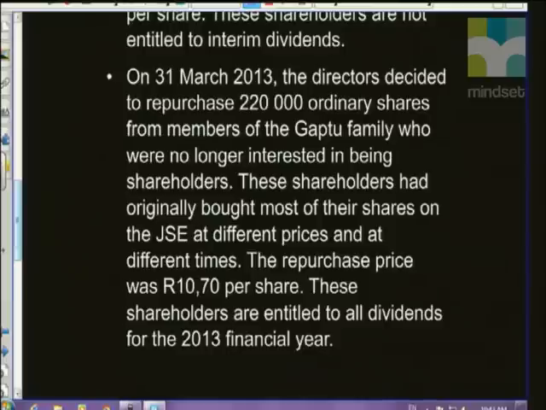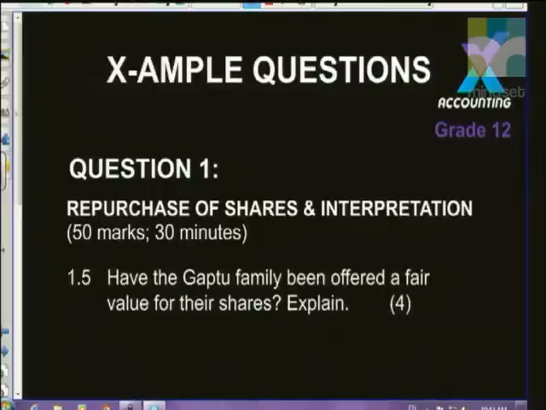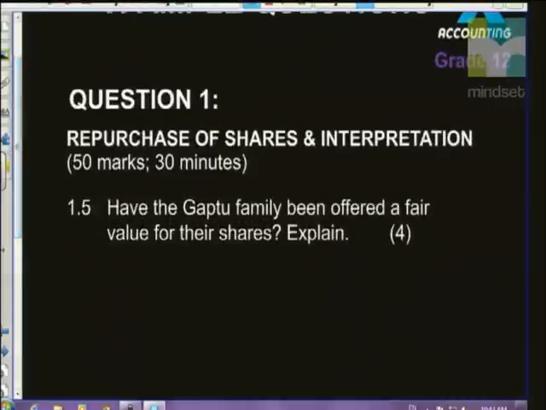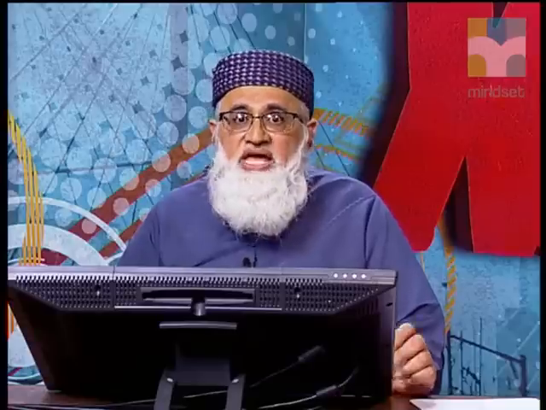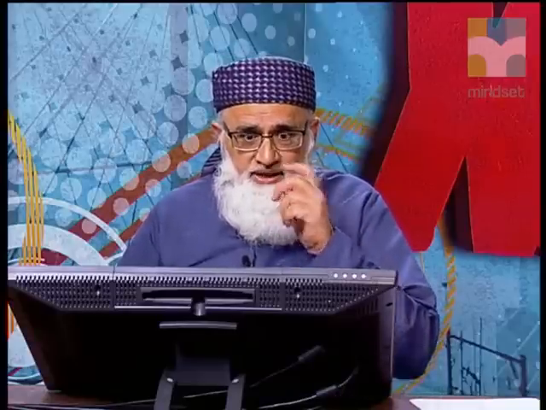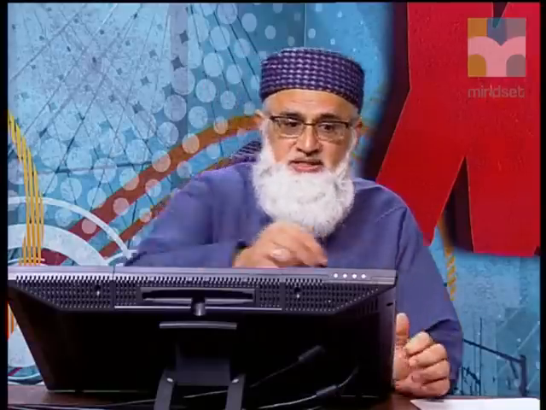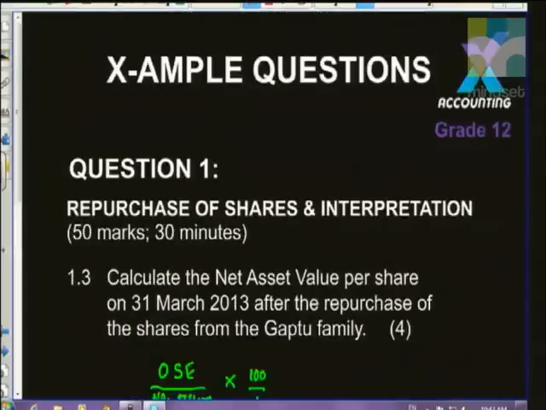Okay, there it is, 10 Rand and 70 cents. Okay, so let's keep that in mind, that they had received 10 Rand and 70 cents for their shares. Now, if you recall the average price of these shares, what was it? We don't have to do the calculation. Why?